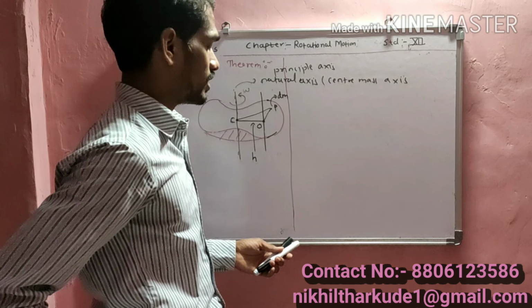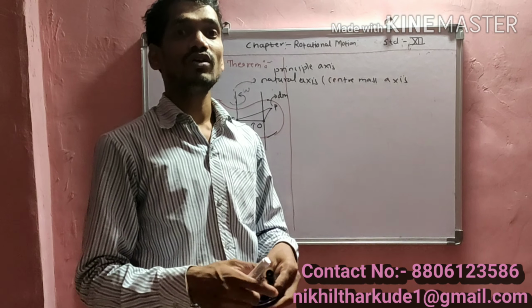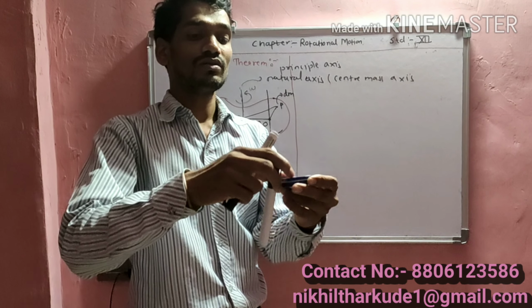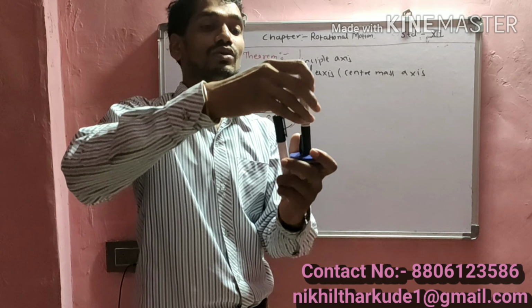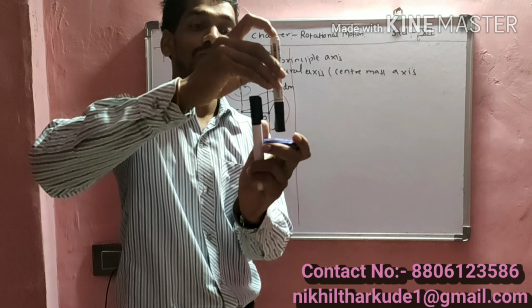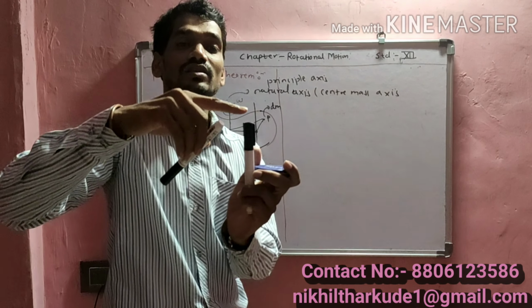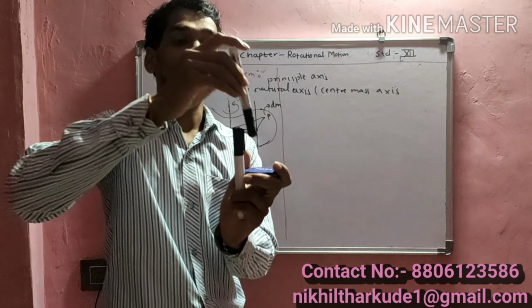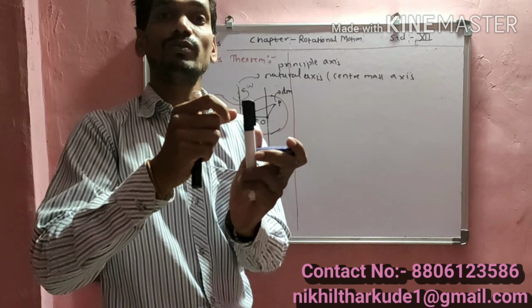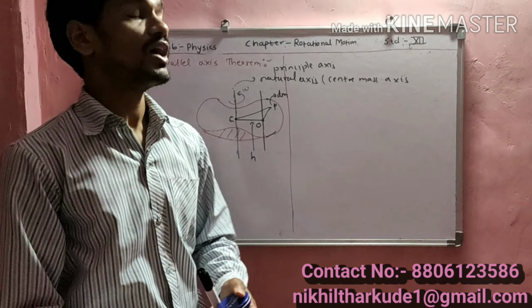Suppose I have this laminar body, and we want the moment of inertia about this axis, which is parallel to the center of mass axis, this principal axis.